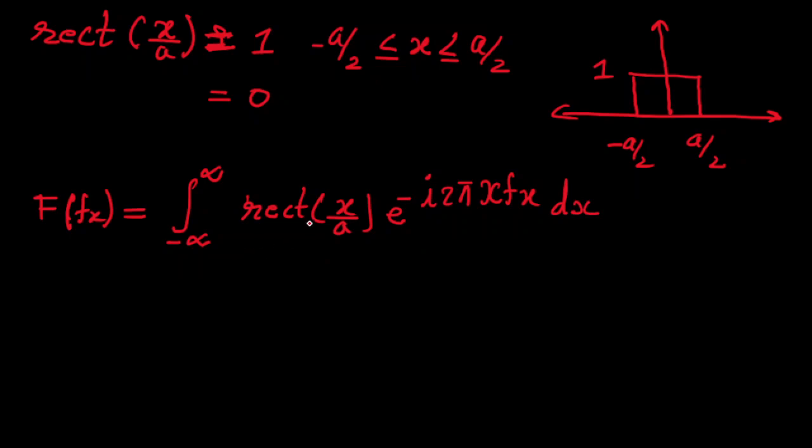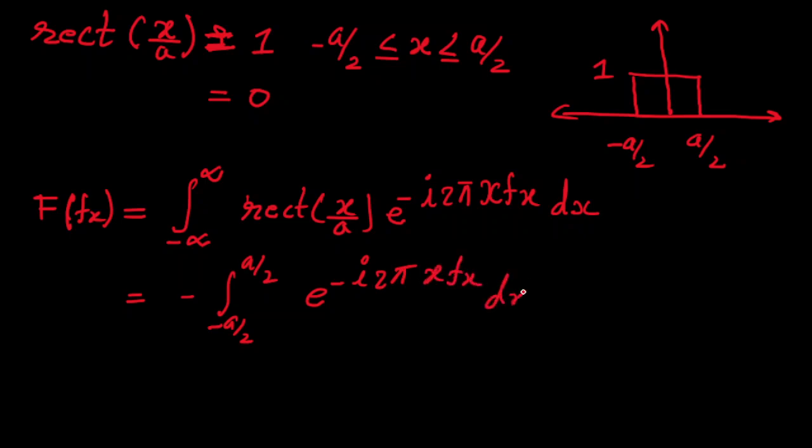Okay, and then if we put this rect function here, the limit of x is minus infinity to plus infinity, but this function will be 1 only for minus a by 2 to plus a by 2. For other parts it will be 0, so we can write the limits as minus a by 2 to plus a by 2, and the rect function will be 1, so simply 1 times e to the power minus i 2 pi x fx.